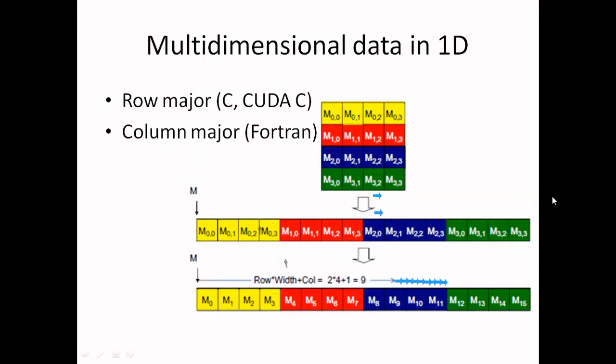In this way, it is linearized. So M00 is the first address. If you want to access M10, you will have to pass through the first row. If you want to access M11, it means you will have to pass one row and also one column, right? In that way, you can access the data. Not a big thing.